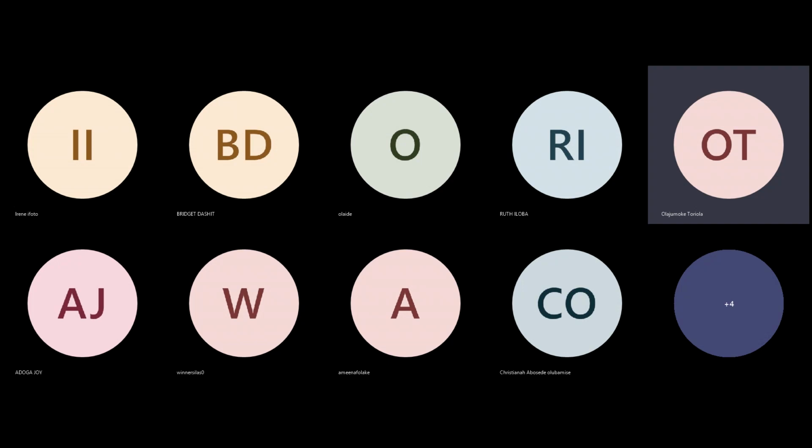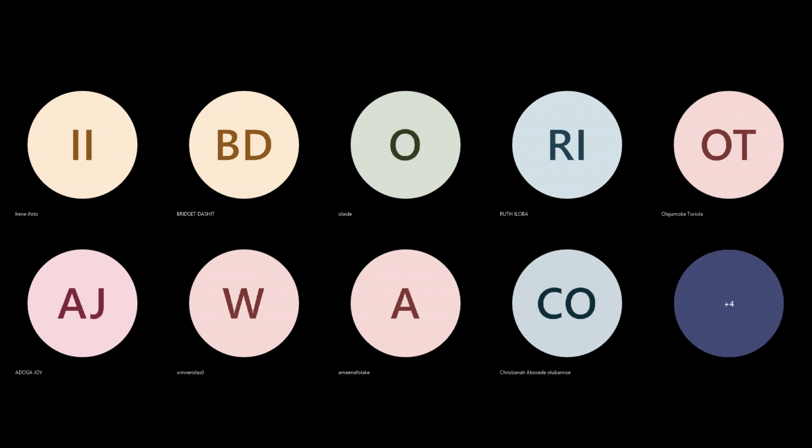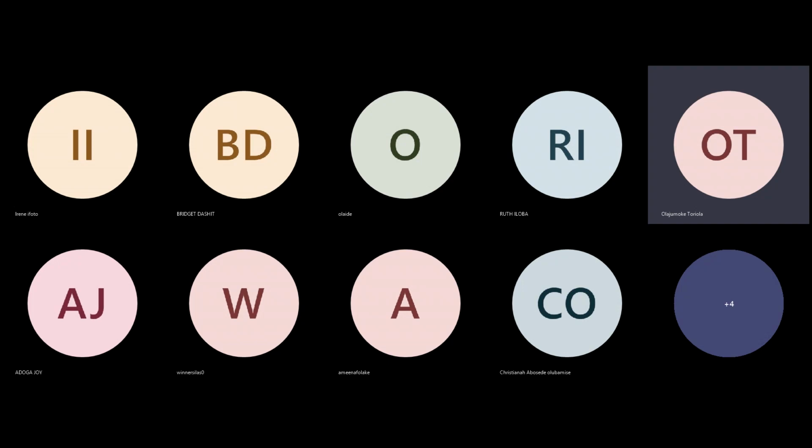Group D is Irene and Olaide. Ruth and Sophie are group E, and then Winner and 308, even though he's on hold, is group F.